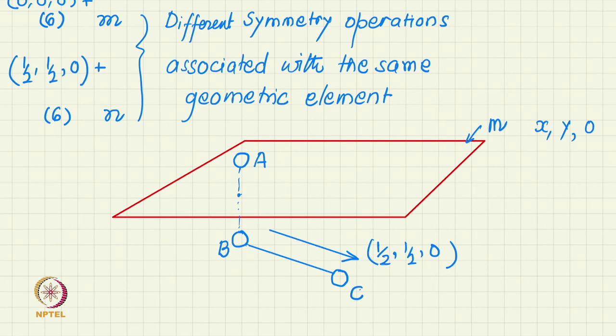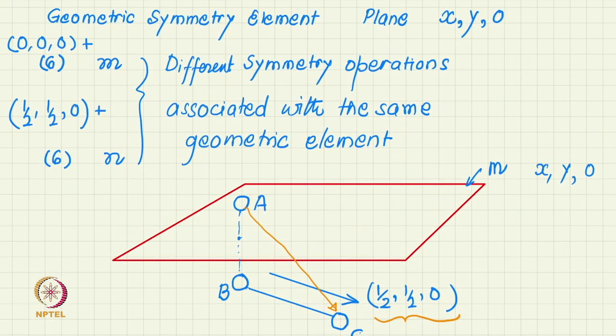So, if you now relate A directly to C, it is a combination of reflection followed by a translation parallel to the mirror plane, and since the translation vector is half of 0, this is called a diagonal glide or n glide operation.